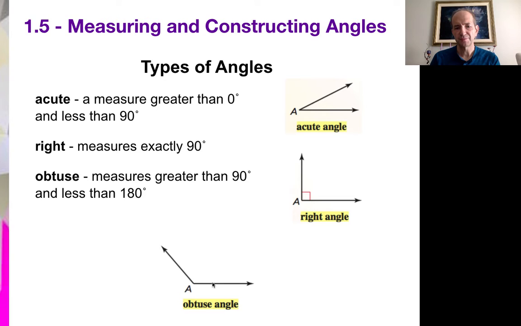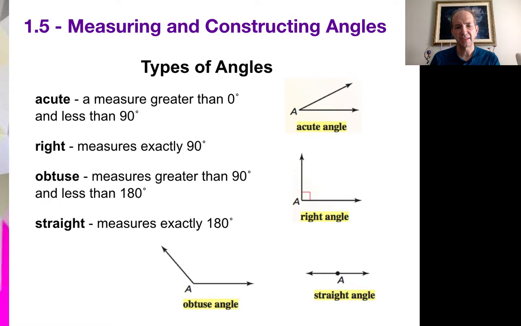Obtuse angle, as you probably already know, is greater than 90 degrees, but less than 180 degrees, so it's inside of that. And then finally we have 180 degrees, and that is called a straight angle.